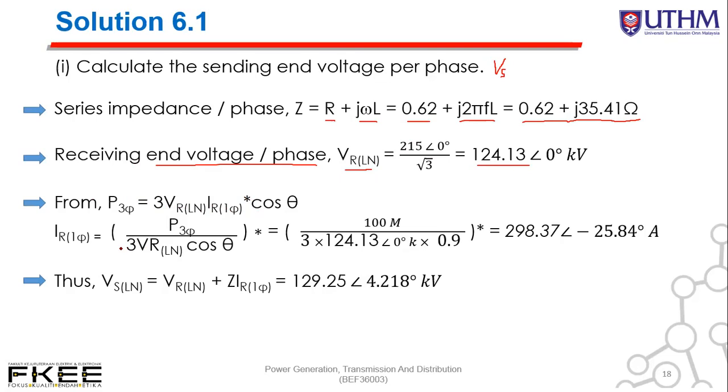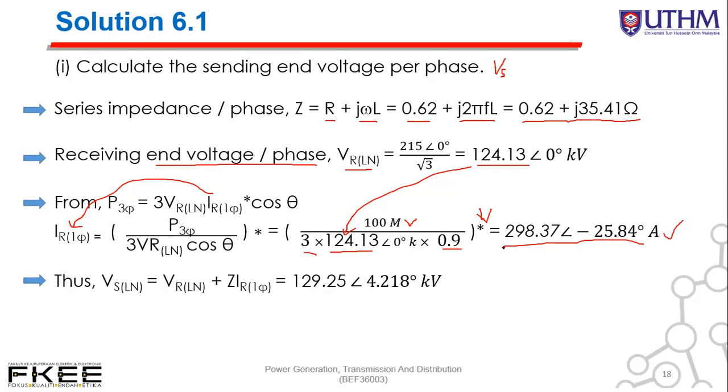The power is 100 megawatt, divided by 3 times VR LN equal to 124.13 kilovolt, and the power factor cos theta is 0.1, conjugate. Solving this equation, we get the current as 298.37 ampere.